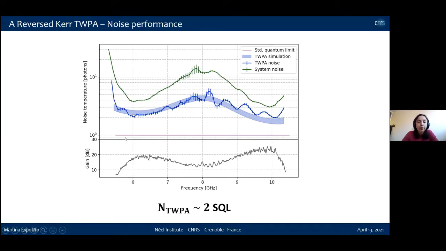And you should compare these curves to the pink one here, which is the standard quantum limit. So we could achieve a noise temperature of the TWPA which is roughly twice the standard quantum limit at the peaks of the gain. And this is comparable with other TWPAs based on Josephson junctions.